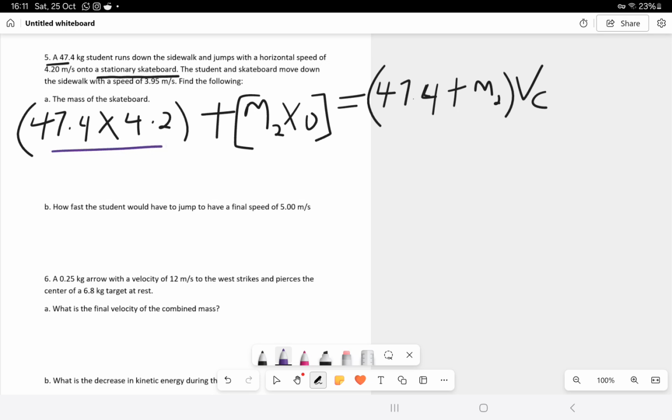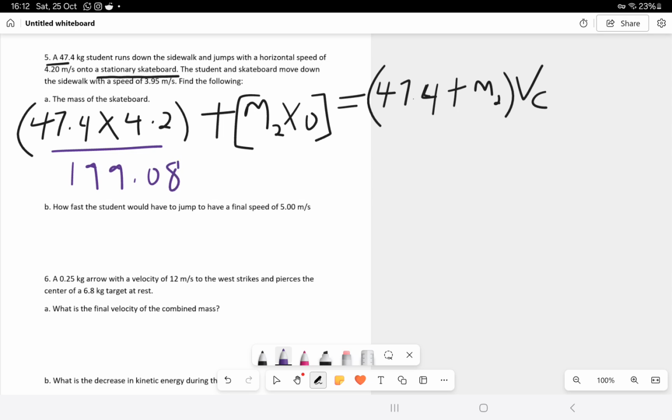In this case, 47.4 multiplied by 4.2 gives 199.08.